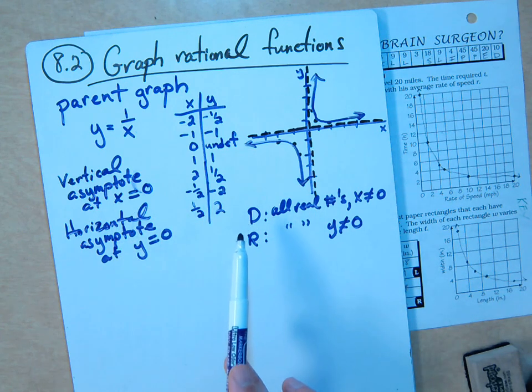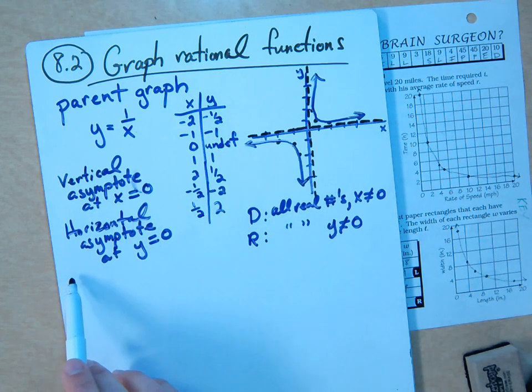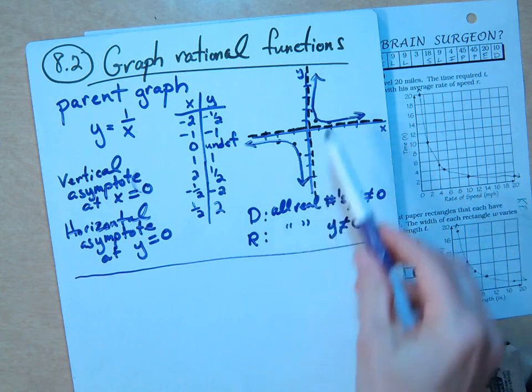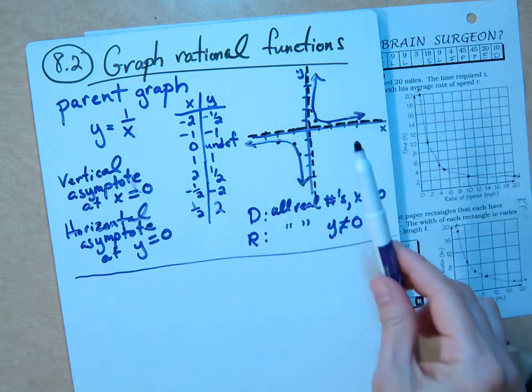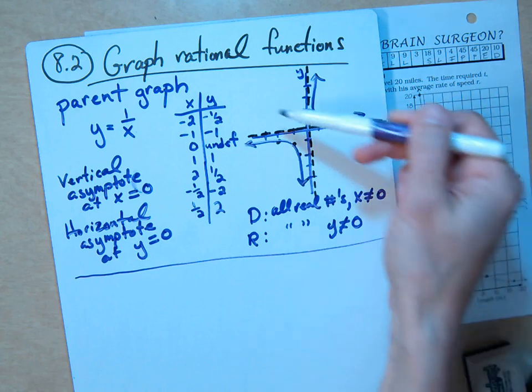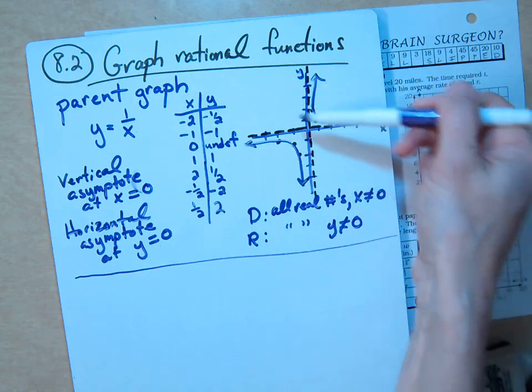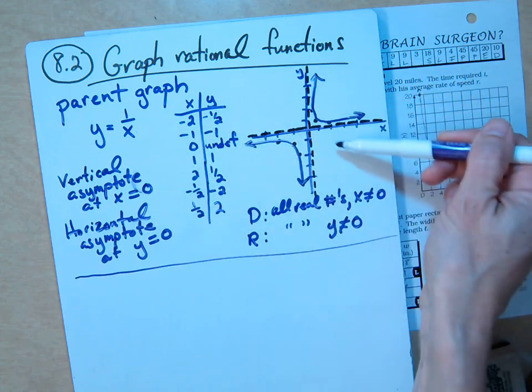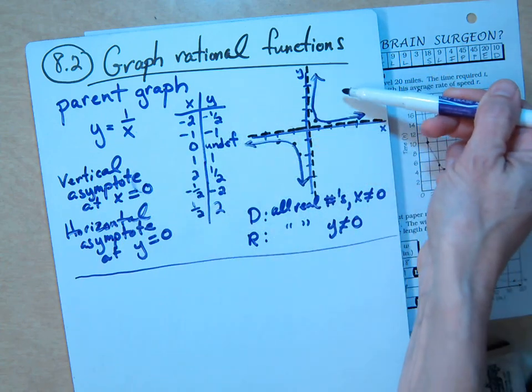Okay, so that is how you graph a rational function. Now all we have to do is be able to move it up, down, right, left, and instead of these two quadrants as the parent graph, can you tell me how it would end up in these two? Can you just kind of look at that equation? How would the graph end up in these two quadrants instead of quadrant 1 and 3?